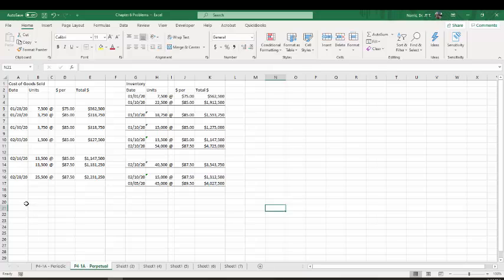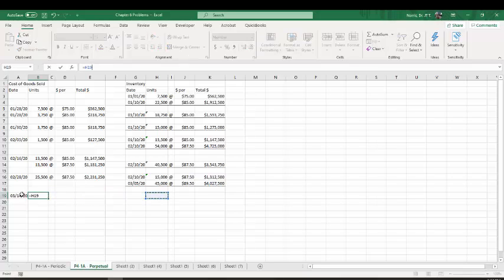Then on March 14th, we sell 30,000 units. So we're going to now sell the remaining 15,000 from the February 10th purchase.